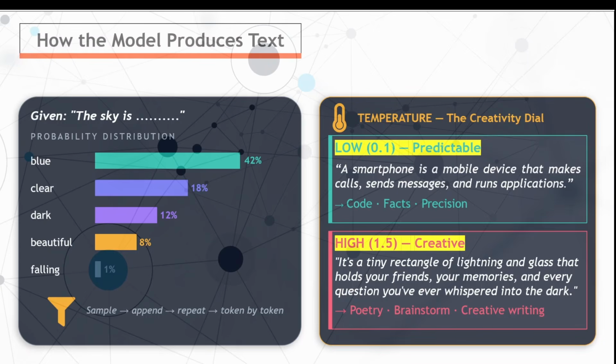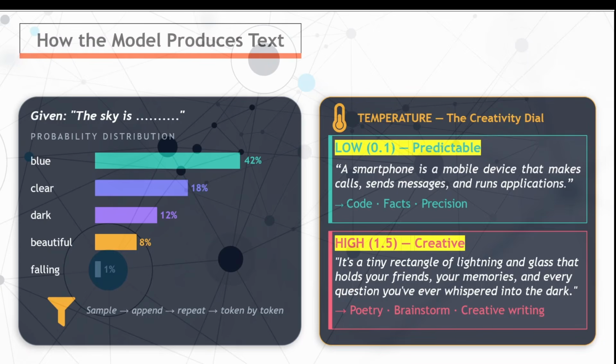Let's say you take an example here: "the sky is" could be blue, clear, dark. For every word in its vocabulary it gives a certain percentage. Now blue has a 42% chance, and clear has an 18% chance. Similarly, and so on, every word in its dictionary it assigns some value to.